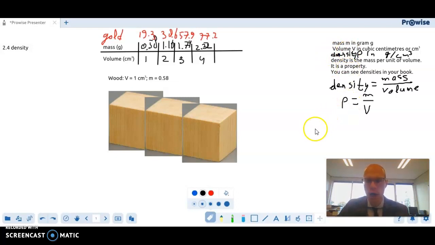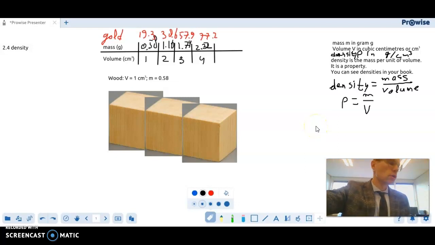Okay, how are we going to use that? Well, suppose you have in your kitchen something that is not that clear what it is, and you need to figure out what it is. It could be salt, it could be sugar, you do not know. So what do you do? You're going to measure the mass and the volume.